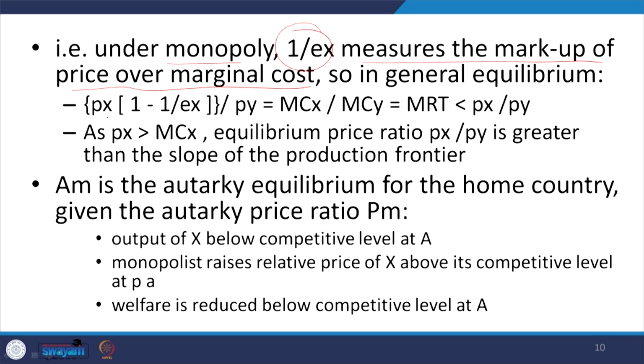Now, the equation which I have mentioned is here. Instead of Px by Py, it is actually marked up by the extent of the inverse elasticity of demand of that particular product. So now Px, attached with the elasticity of demand, divided by Py, is equal to the marginal cost of x upon the marginal cost of y, which will be equal to the MRT of x and y, and should be less than Px by Py, because this elasticity component is negative in the equation.